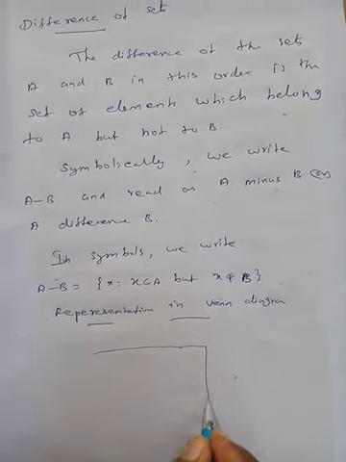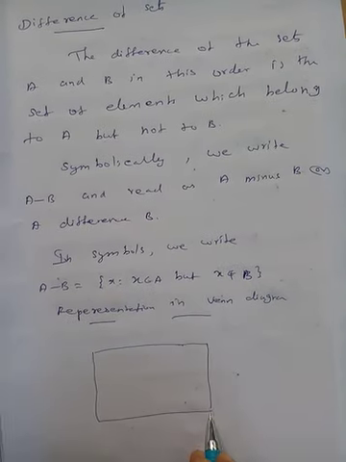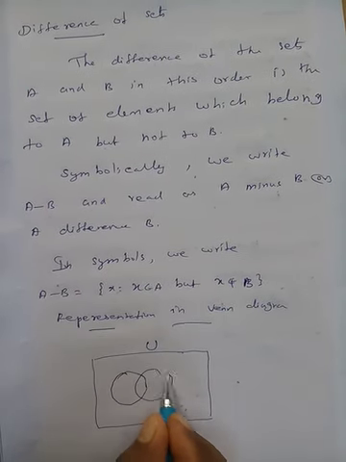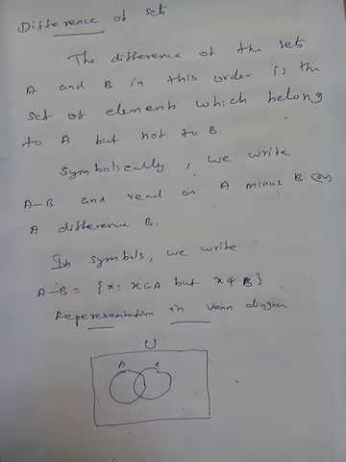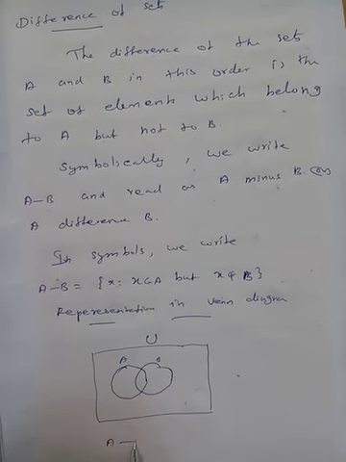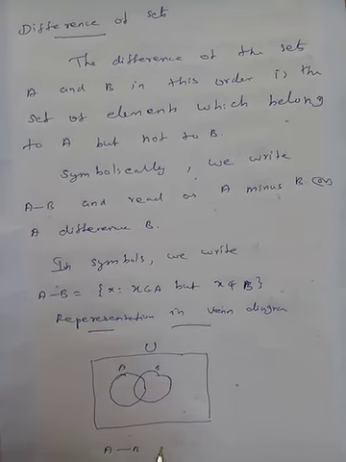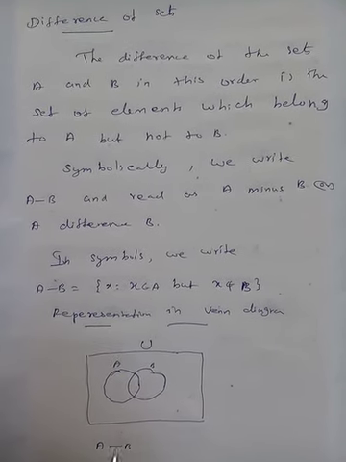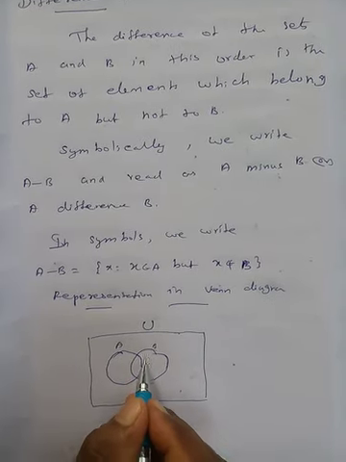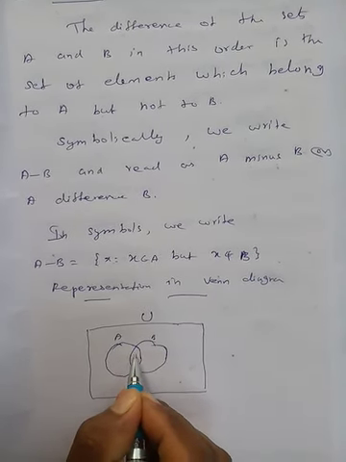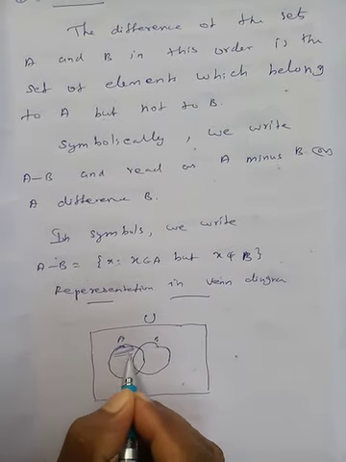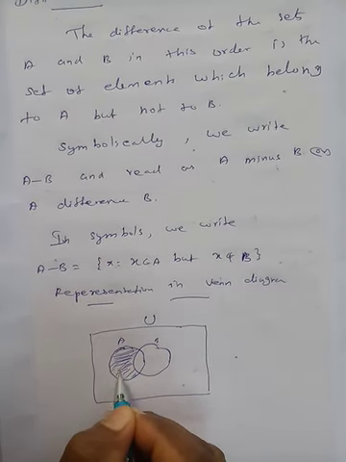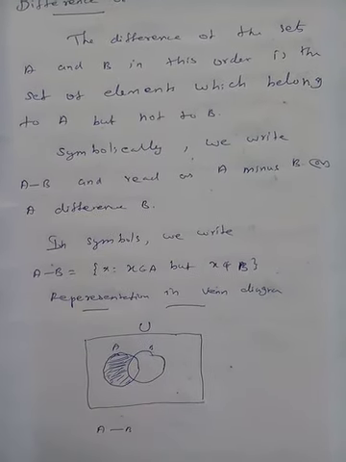Taking two subsets of the universal set, overlapping sets A and B. Here A difference B means all the regions of A except B. This is the common region of A and B, so this is neglected. Remaining regions are shaded. So this region is represented by A difference B.